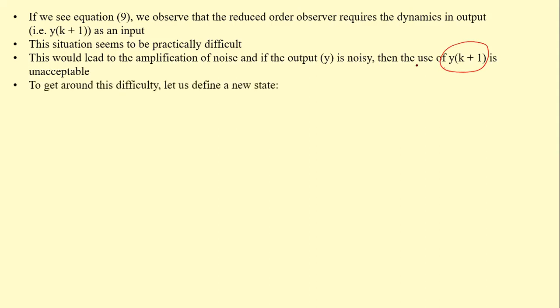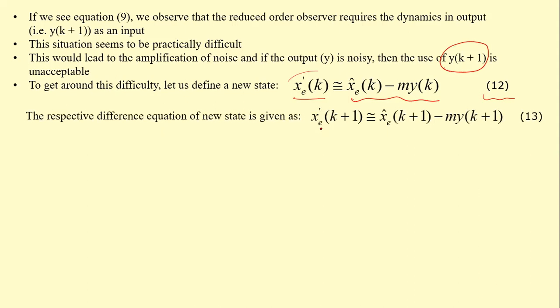For this, we will assume a new state x_e dash (k), which is, let us say, equal to this equation, and this is equation number 12. Now, the difference equation of equation number 12 is obtained by replacing k with k plus 1, so we get this equation.